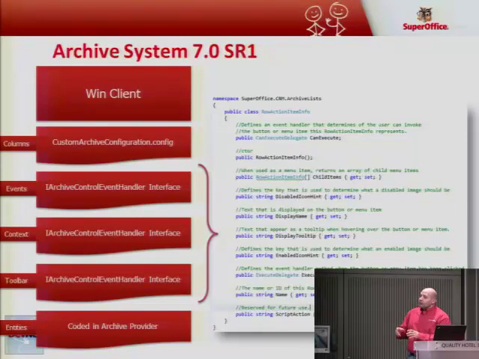The display name is the text that you're going to see in the control. The display tooltip is what shows when you hover over it. The execute delegate, the execute method will invoke a method that you specified that implements the execute delegate prototype, and if it's an add or a delete or a print or whatever that method is that you define in this place, it will invoke that action.